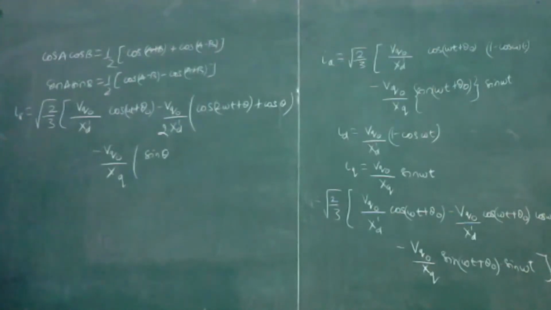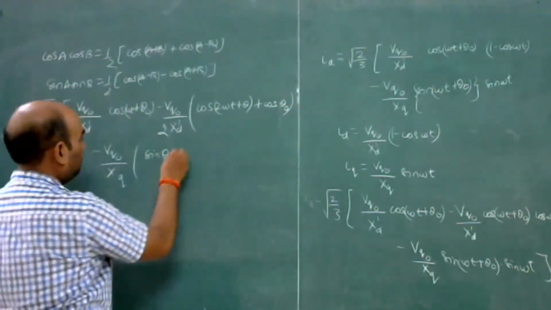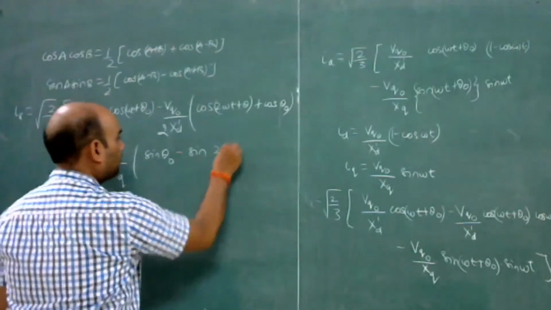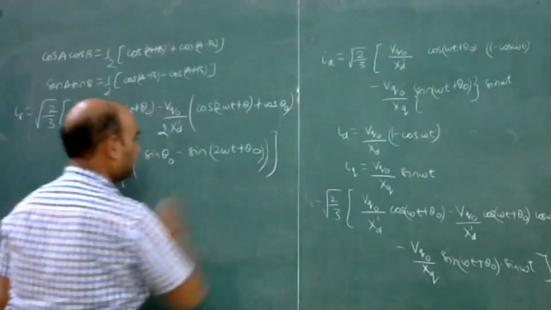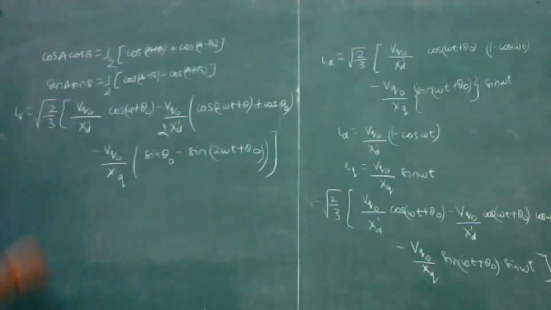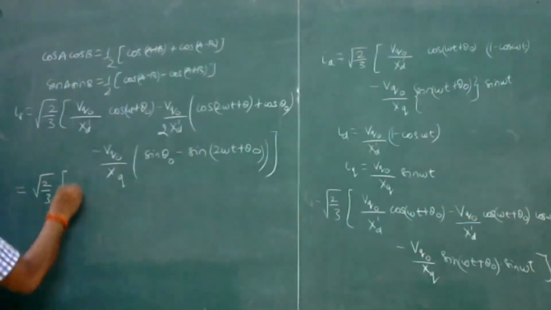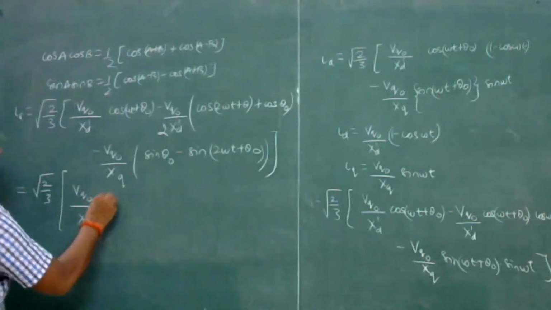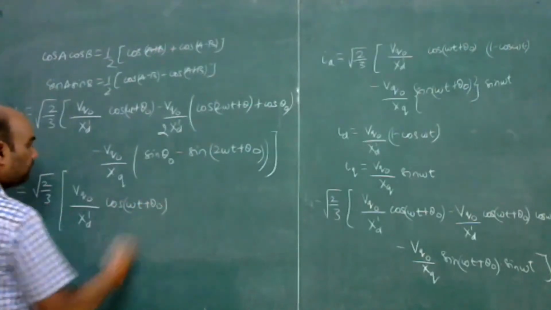So cos theta, it is sin theta naught minus sin(A plus B), so this will be 2 omega t plus theta. Okay. This will be equal to root 2 by 3 Vq naught upon Xd dash cos(omega t plus theta naught).